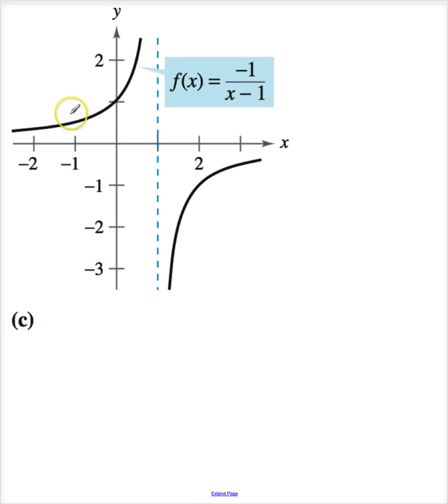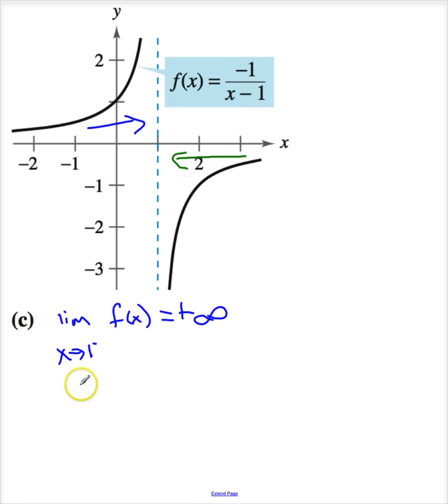Let's look at this function right here. The limit as x approaches 1 from the left of my function here. Now as I come in from the left, I can see it becomes unbounded in a positive way. While if I come in from the right, the limit as x approaches 1 from the right of f of x is equal to minus infinity.